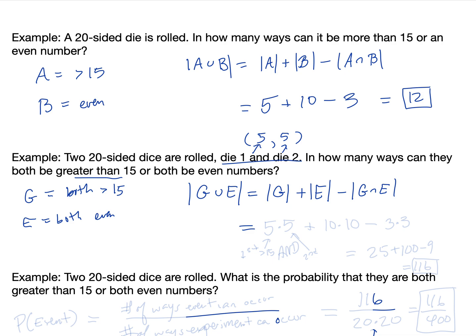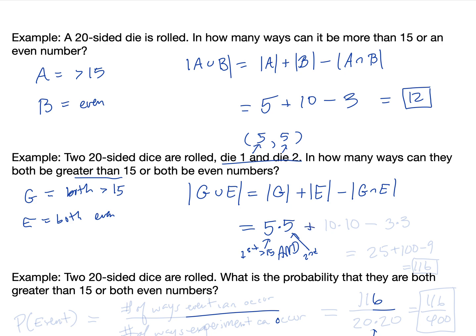Now that's an and, so we should be using the multiplication rule there. So the number of ways for the first to be greater than 15 is 5, and the number of ways for the second to be greater than 15 is also 5. So the number of ways for the 2 dice to both show a number greater than 15 is 5 times 5.